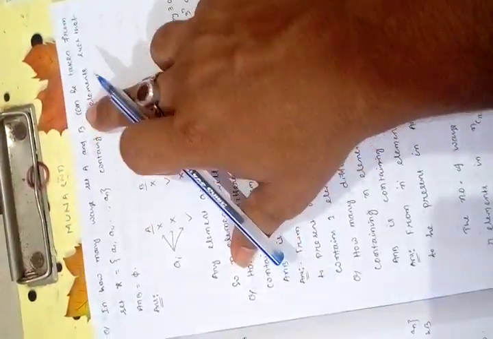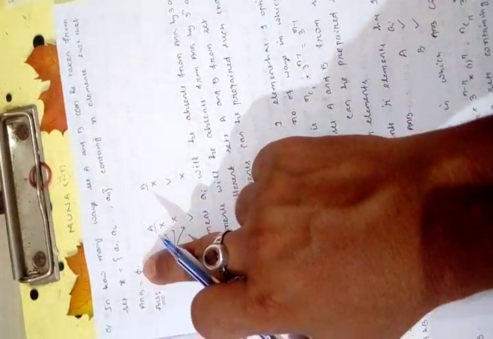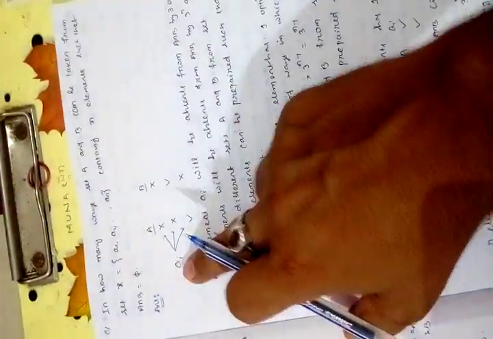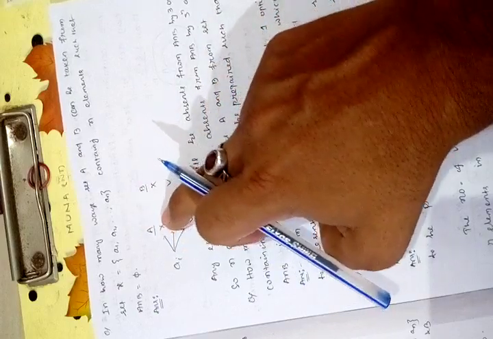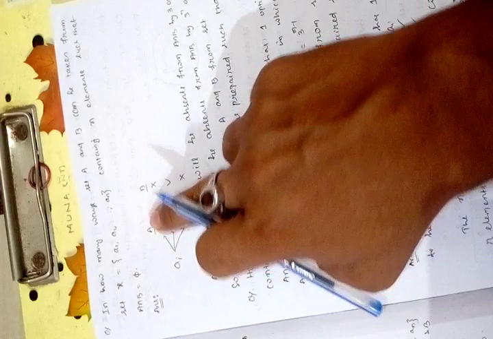Another question: in how many ways can the sets A and B be formed from the set X containing n elements such that A intersection B equals phi? Its answer is again 3 to the power n. As A intersection B equals phi, for any element Ai of the set X, either Ai does not belong to A and does not belong to B, then A intersection B is phi.